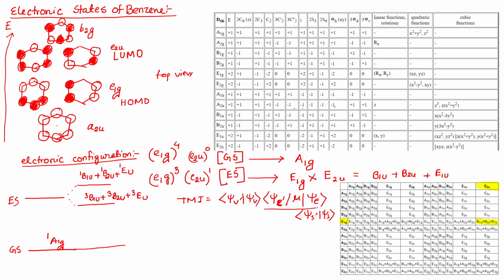So we are now only dealing with this orbital part. So we need to look at the psi E, the ground state, right? If the transition is possible or not between the ground and electronic state, then you need to look at this psi E.